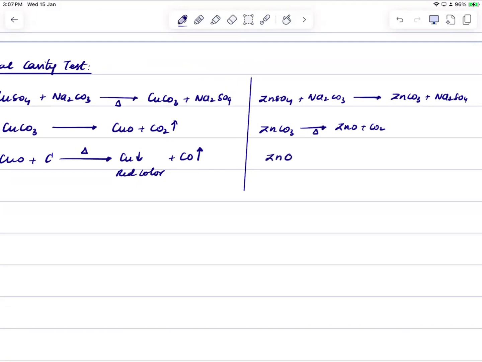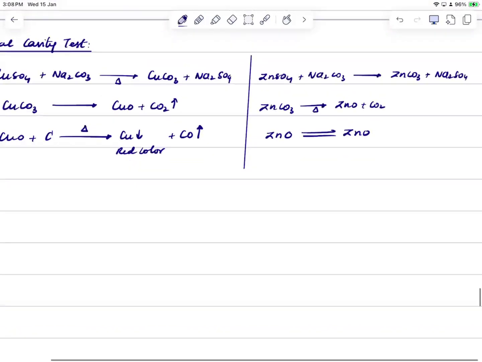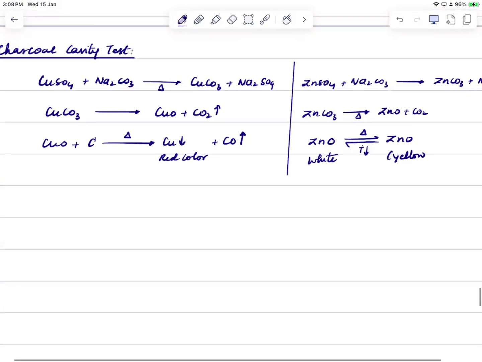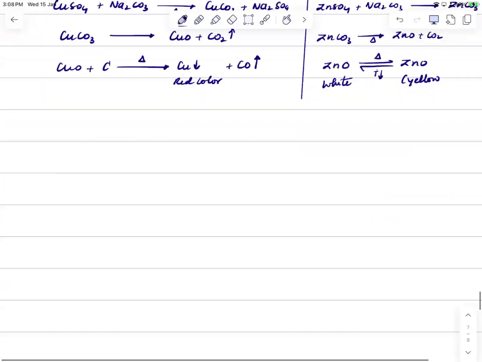It will be in equilibrium with another form. On heating, it will be yellow, and when it is cooled, temperature decreasing, on cooling it will become white. So it is a white color powder when cold, and on heating it will be yellow. Okay. This is the charcoal cavity test.